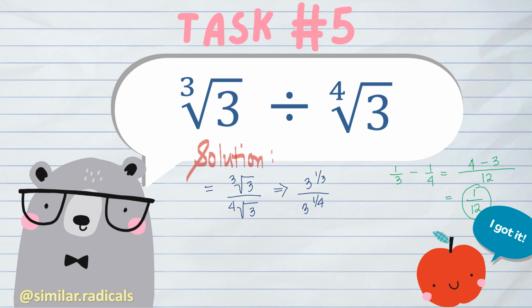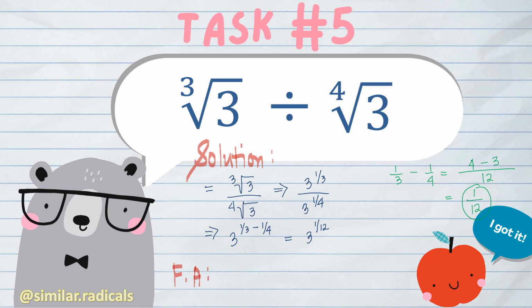So for my exponent, I'm gonna have 3 raised to 1/3 minus 1/4, which means 3 raised to 1 over 12. And then from here, I will rewrite this into radical form.